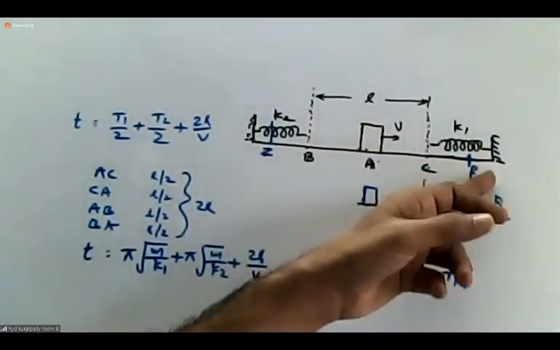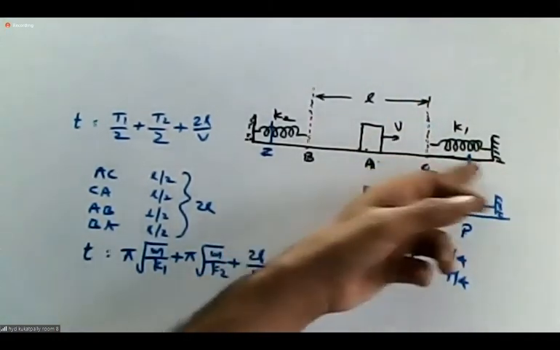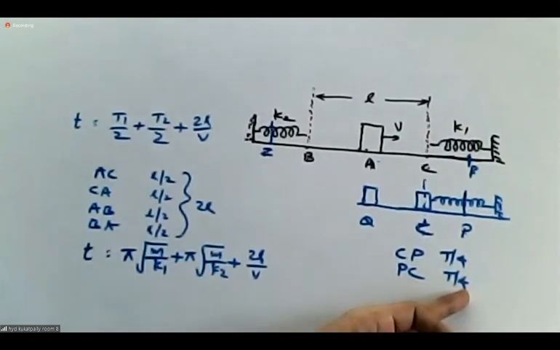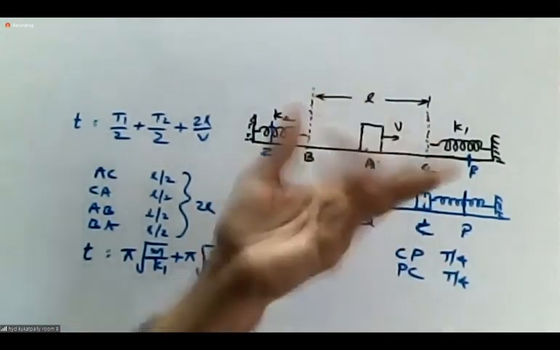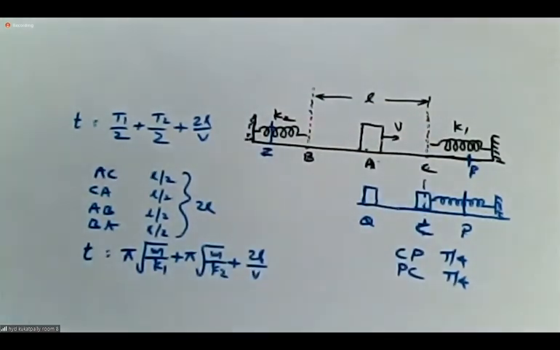From P to C in the reverse journey also T by 4. After that it has reached equilibrium C, it goes this side, gets detached from the spring. Understood? Yes, sir. Any doubts, boys?